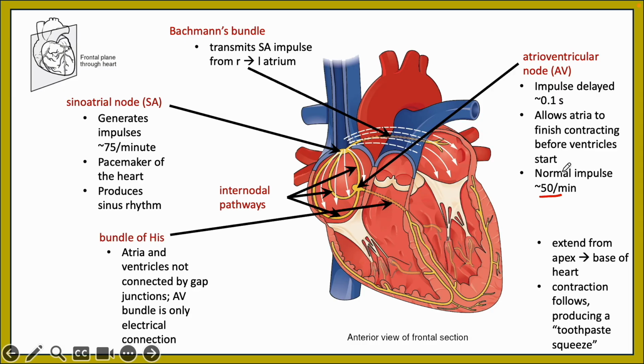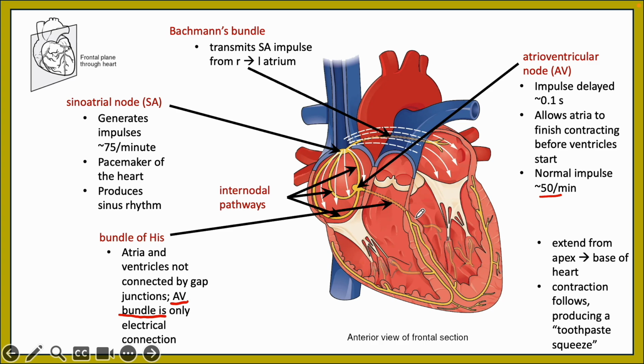All right, the AV node is going to then transmit the signal from the atria to the ventricles via the bundle of His, or AV bundle. So it's also known as the AV bundle. It is the only electrical conduction connection between the atria and ventricles.